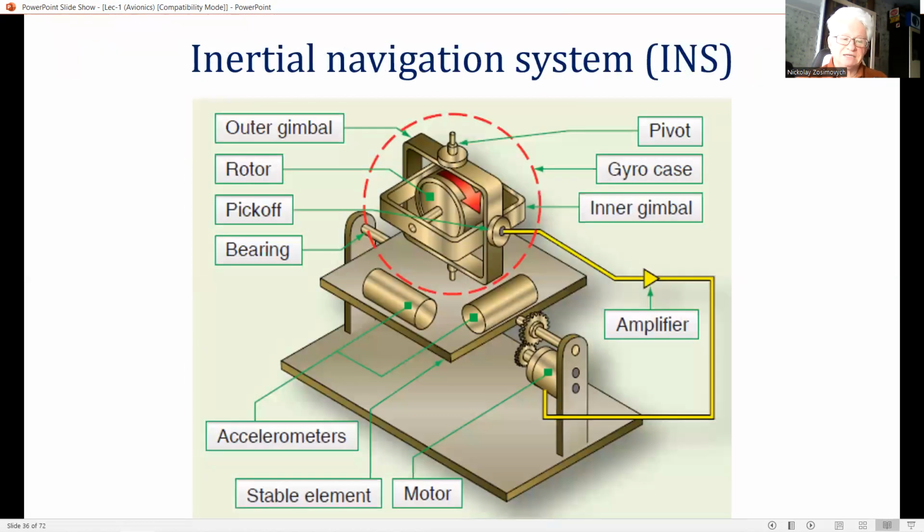The INS, in conjunction with the air data system, also provides the aircraft velocity vector information. The inertial navigation system, or INS, is thus a very important aircraft state sensor system. It is also completely self-contained and doesn't require any access to the outside world.